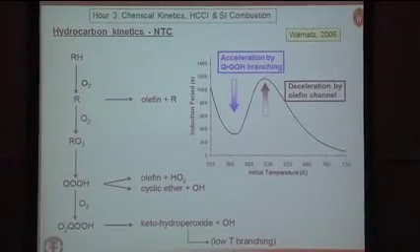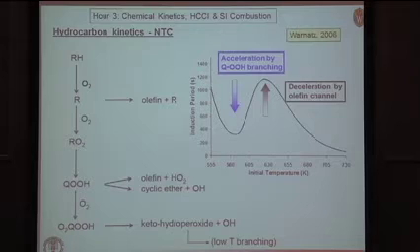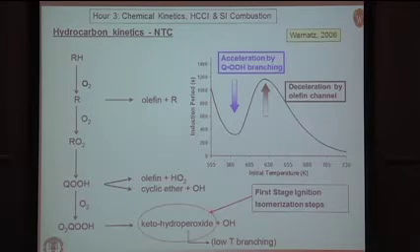I don't know if I need to spend much time on this because you've seen a lot of the hydrocarbon kinetics in your other courses. But basically, if you look at the shell model that we discussed earlier, or this basic path here, you start from fuel, produce intermediate species, which then lead to ketone type species or isomerization steps that correspond to the low temperature branching. So here's temperature, here's ignition delay time, if you like.